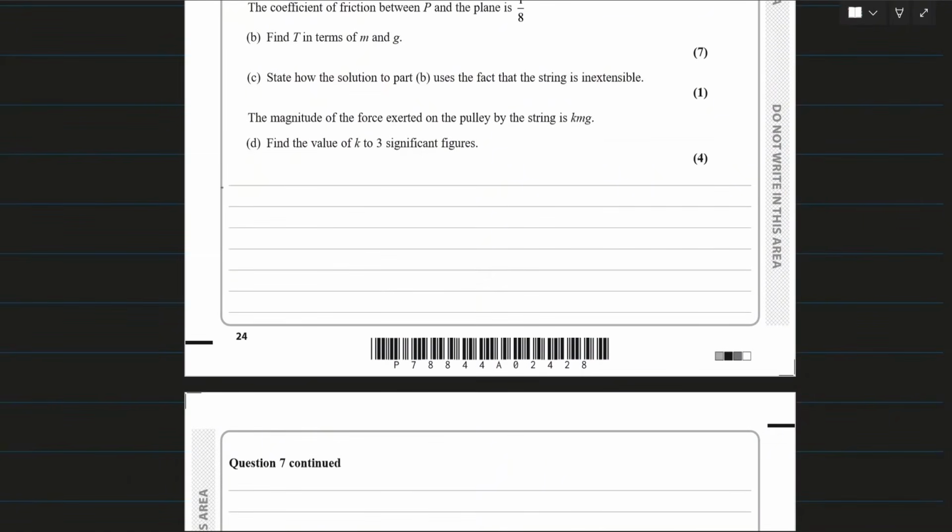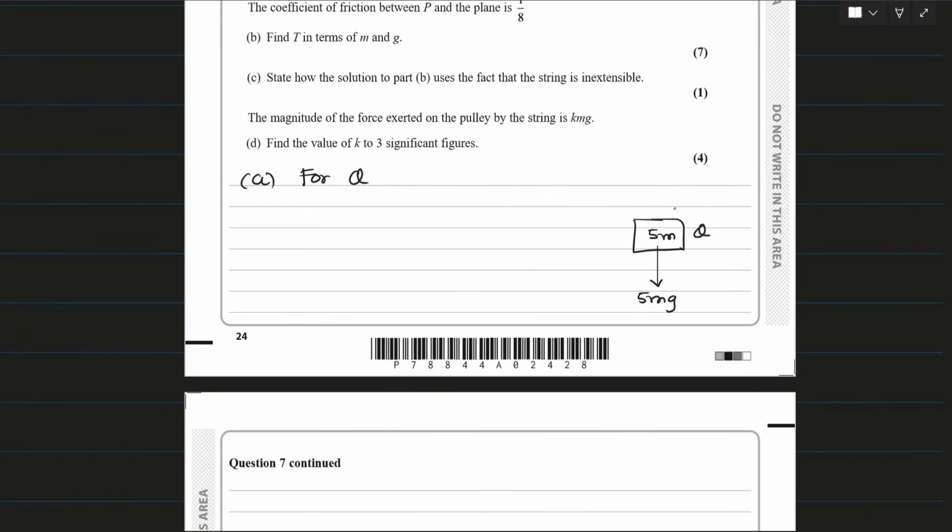To write an equation of motion, we can use Newton's second law of motion. For block Q, there are two forces acting on it. The first is the force of weight. Block Q has a mass of 5m, so the weight acting on block Q would be 5mg.